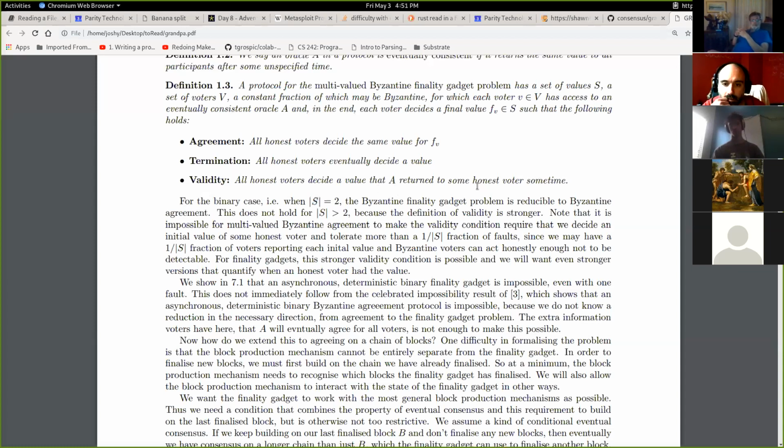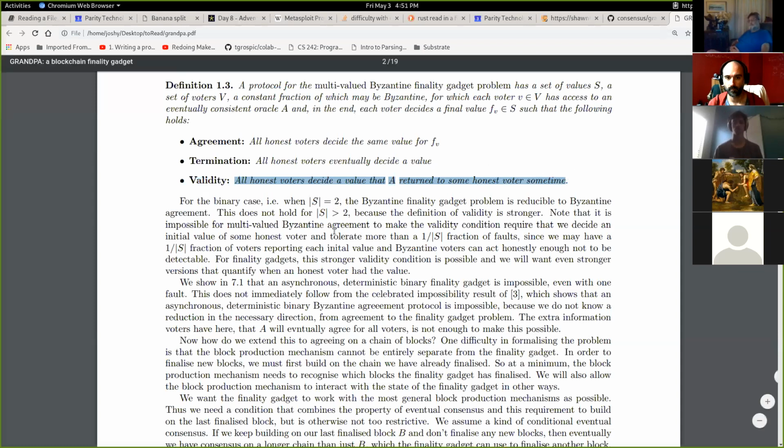This means that validity is some kind of a set of possible values. Yeah, but it's not only that. This is what they defined as their validity condition right here.